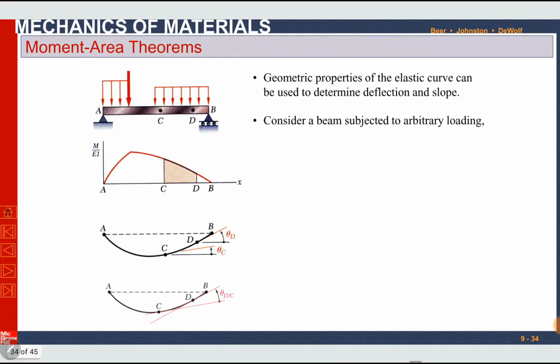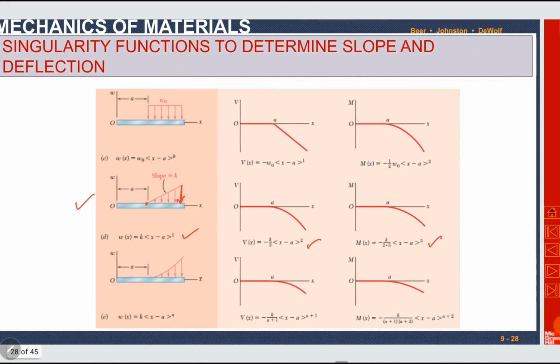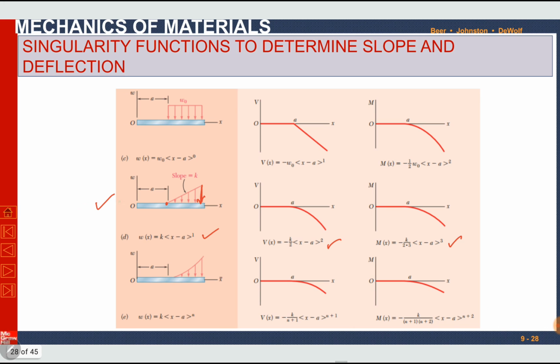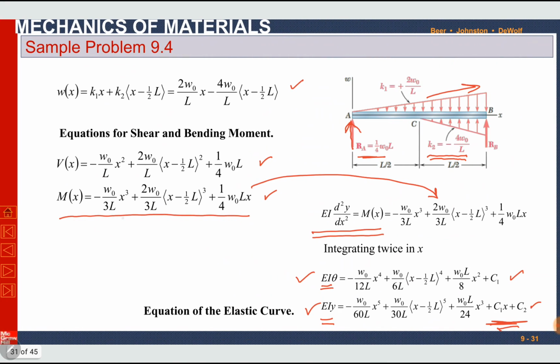So what we have done in this problem, actually, first we extended the triangular load to make it a full triangle similar to the one given in the singularity functions tables. Then we had to add some upward load as well. We have two triangles with different slopes. We wrote moment function for the whole loading, this concentrated load and two triangular loads.